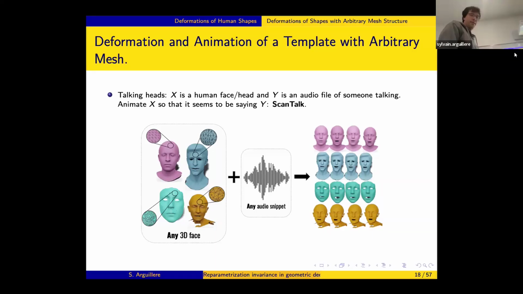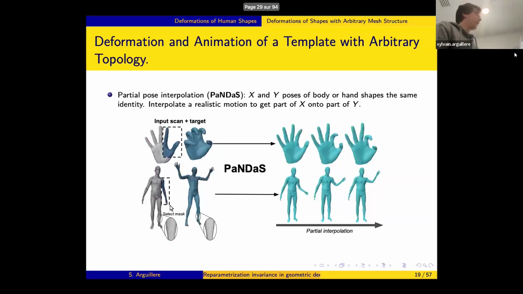Okay. And finally, this one, I think it's fun. I don't know if it's like the use case, but I think it's fun. As input, you have some first shape, and as output, the shape that comes from the same kind of person, the same identity.